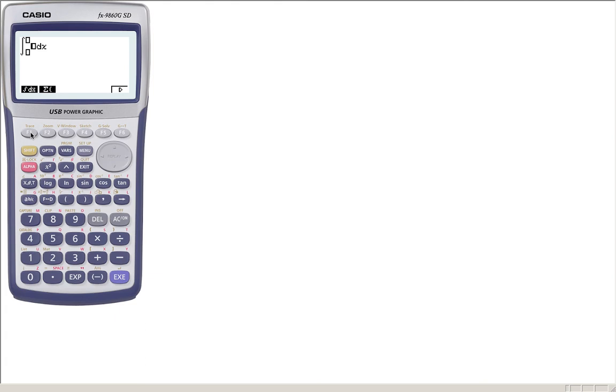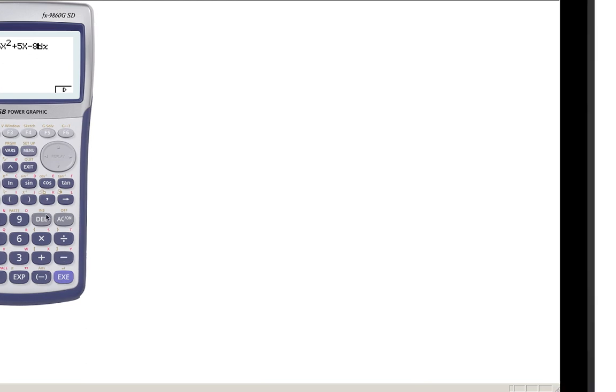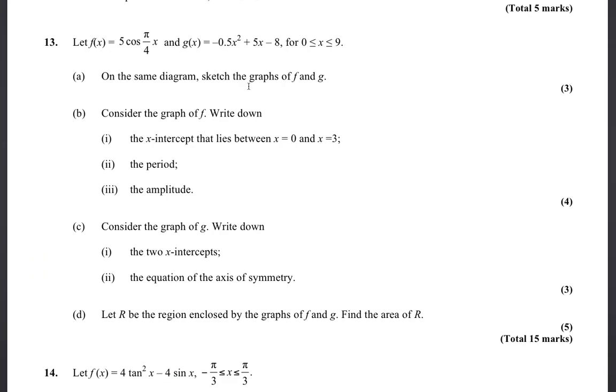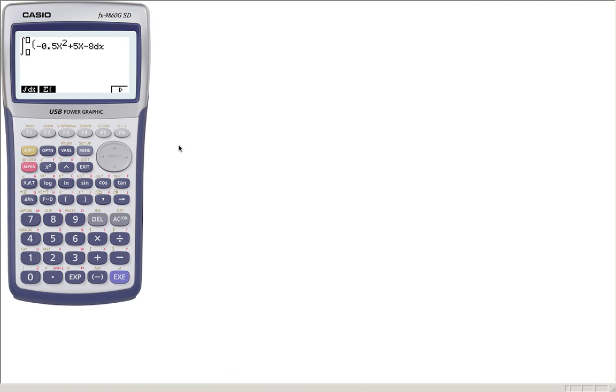So g of x is minus 0.5 x squared plus 5x minus 8, and then minus f of x, minus 5 times cos of (pi x divided by 4).